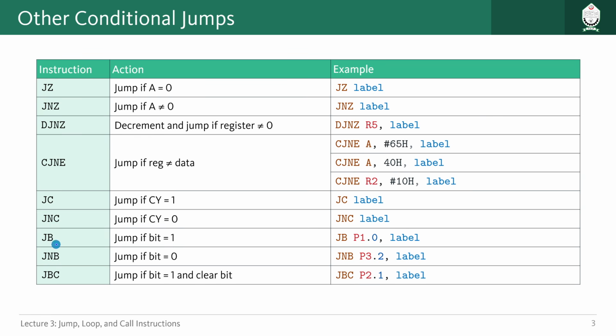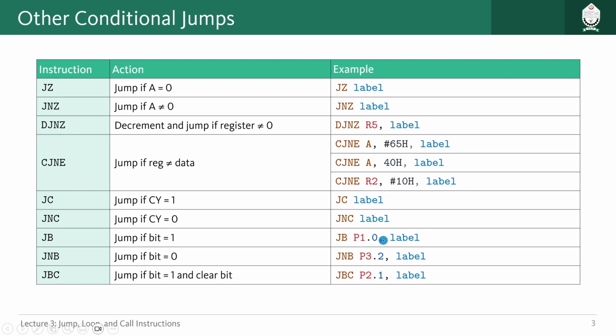Jump bit and jump not bit, these three are quite different compared to the earlier ones, in the sense that all the conditions there are based on an 8-bit register or 8-bit values. But these three are just talking about 1 bit. So jump if bit, JB: if the bit we are talking about is 1, then we will jump. We use this kind of conditional jump for the pins of microcontroller ports.